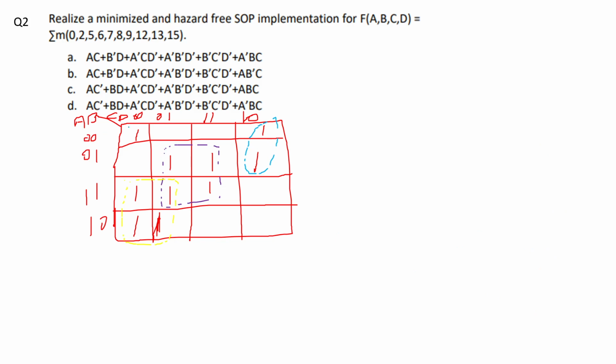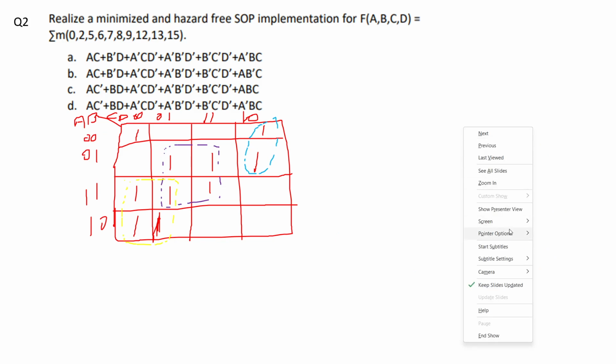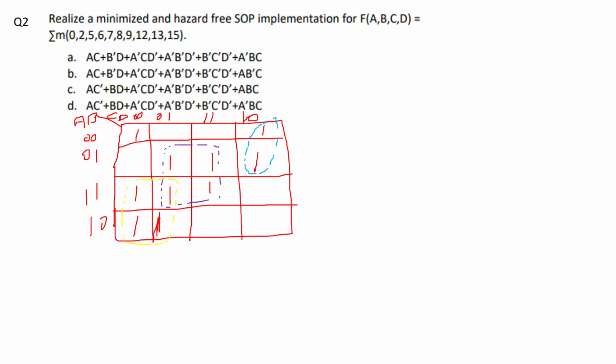And then this we can have like this, by a pair. So this will be our function, but the hazard will be there.